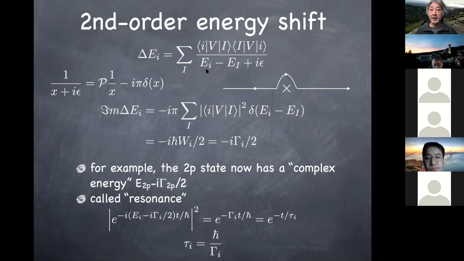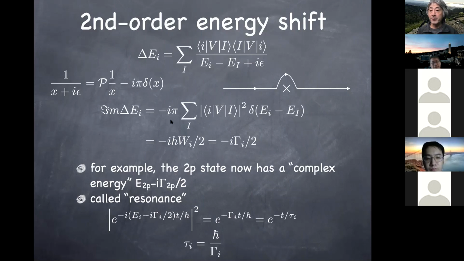So x then is E_i minus E_I. And using this identity, the imaginary part is negative iπ, that's over here, times the delta function of x, that's delta of E_i minus E_I. And the rest is the numerator in this original expression for the energy shift. So that's the imaginary part the 2p state acquires in its energy.